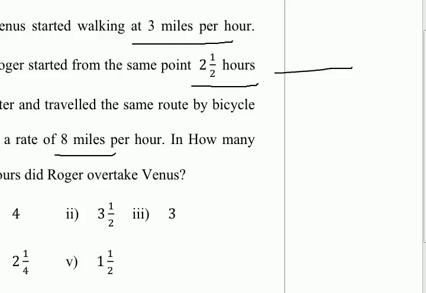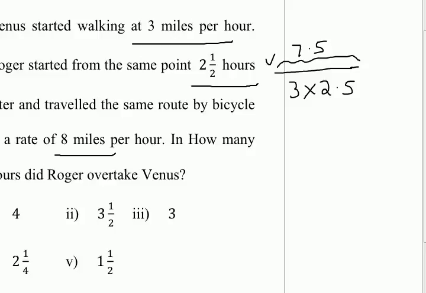So this is Venus, and she is walking at 3 miles an hour. In 2.5 hours she would have done 3 into 2.5, which is 7.5 miles. So this distance is 7.5.